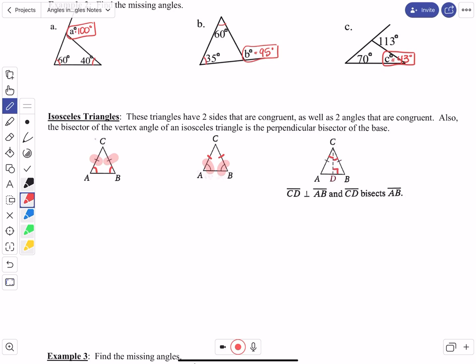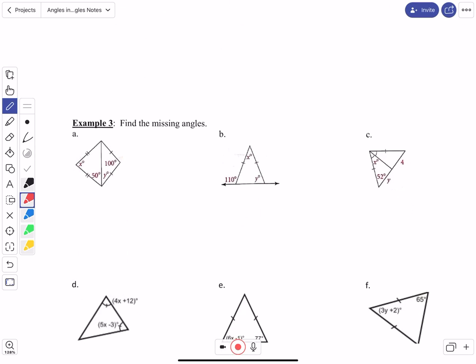And remember this upside down T right here, that's the symbol. It means perpendicular. Okay, so let's find missing angles. Let's just start with this triangle right here.